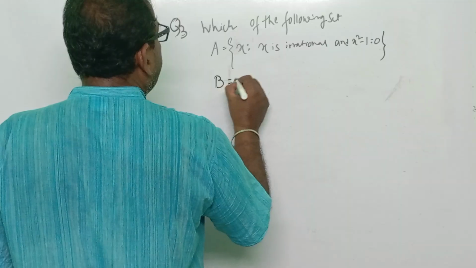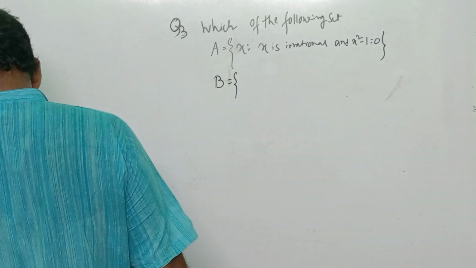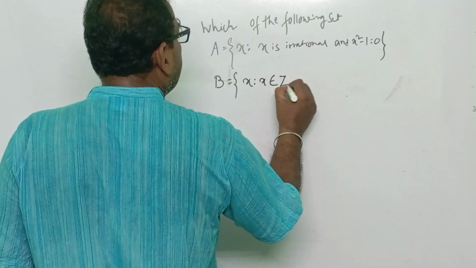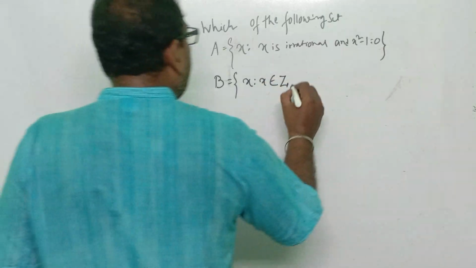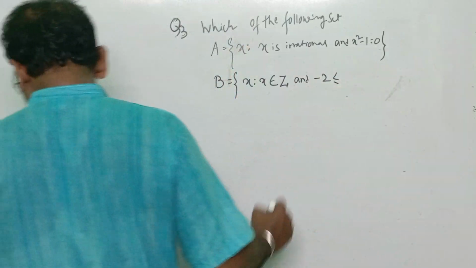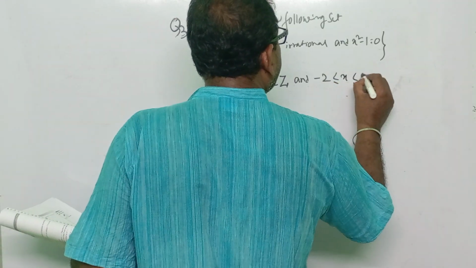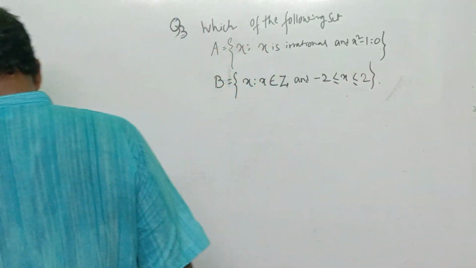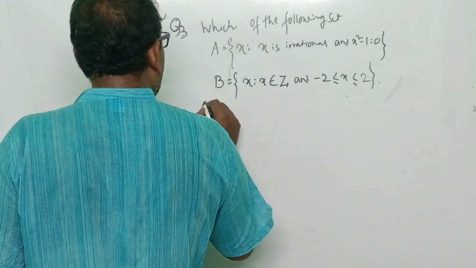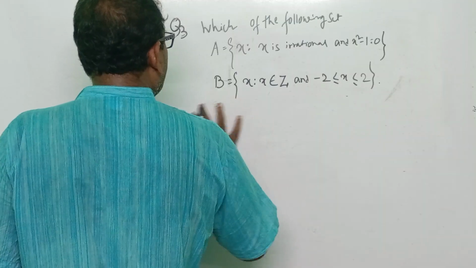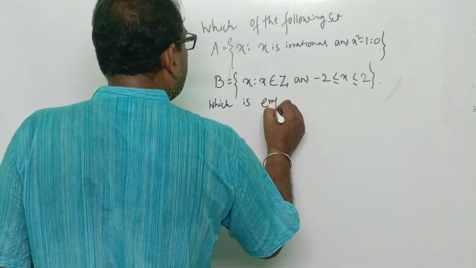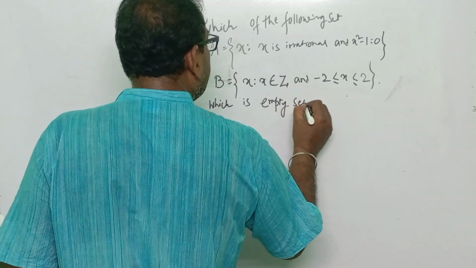And there is a set B, where x is an element, where x belongs to Z, and minus 2 less than x less than 2. Now the question is which is the empty set?